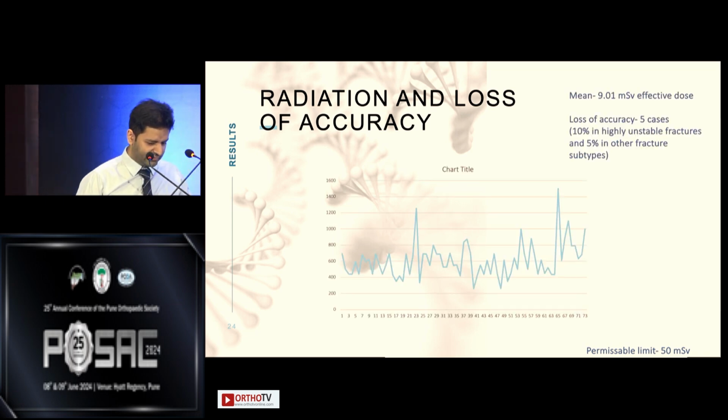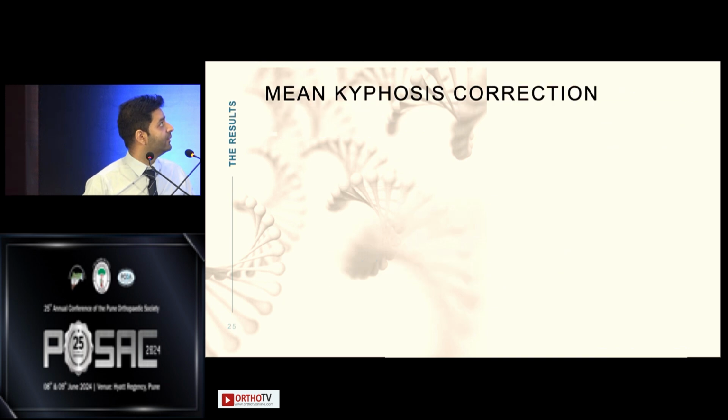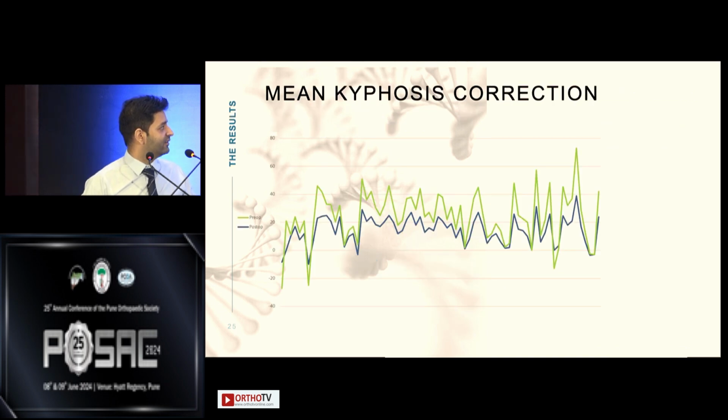And regarding radiation and loss of accuracy, we experienced 5 cases of loss of accuracy, and the mean radiation was 9 millisieverts, which is well in the acceptable range. Permissible is 50. The mean kyphosis correction we could achieve was almost 4.5 degrees. The green line is pre-op and then post-op.